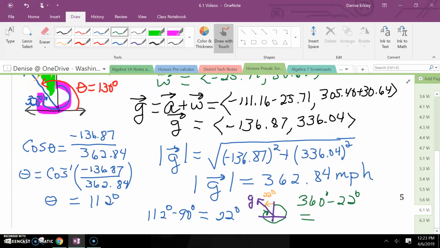That gives me a direction angle of 338 degrees. So that's the other part of my answer. So here is my answer: we have a ground speed of 362.84 miles per hour in a bearing of 338 degrees.